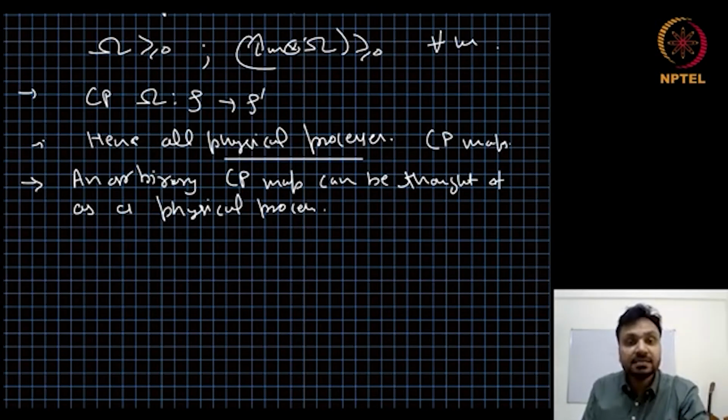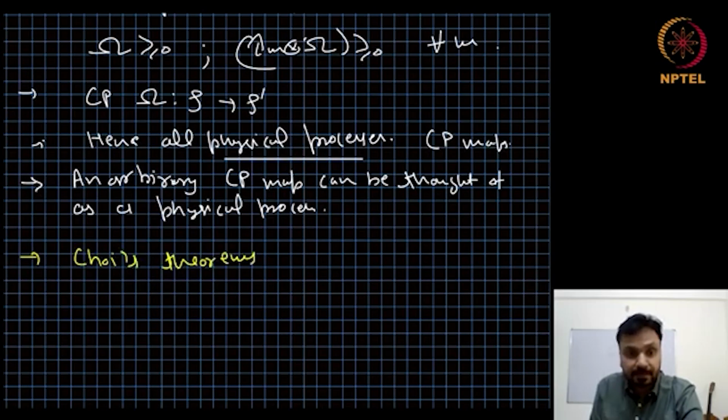There are some very interesting theorems demonstrating these concepts, proving these concepts, and making them more formal. They are called Choi's theorems. There are two theorems.